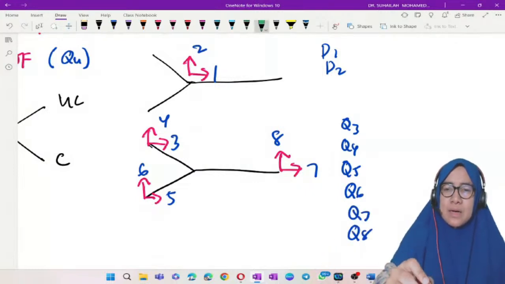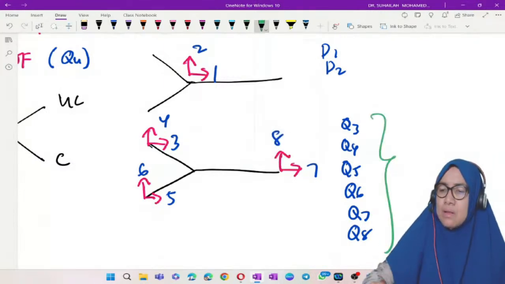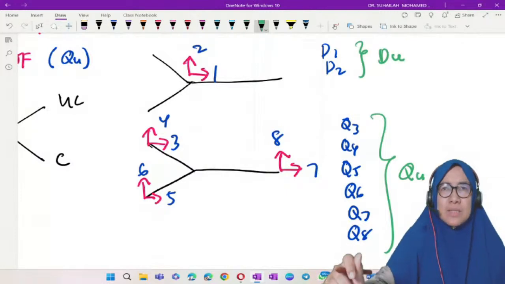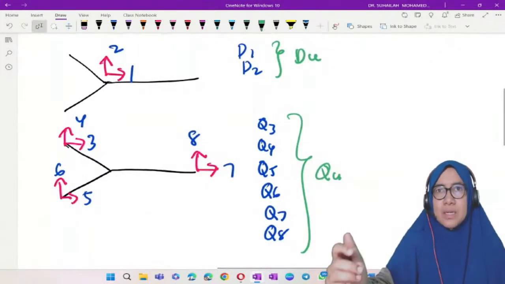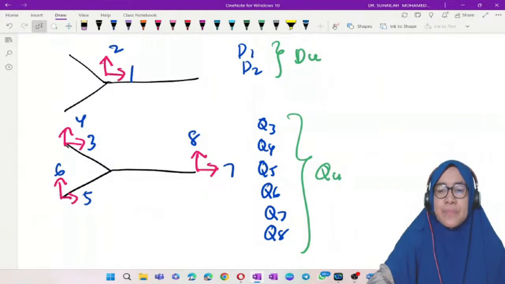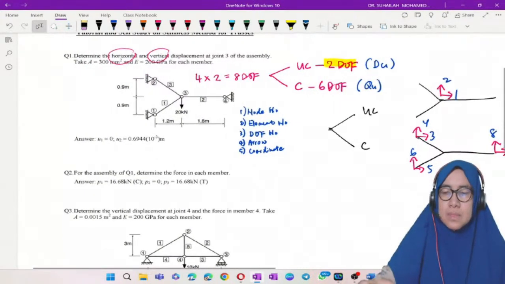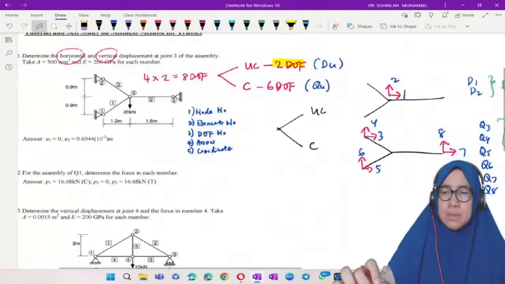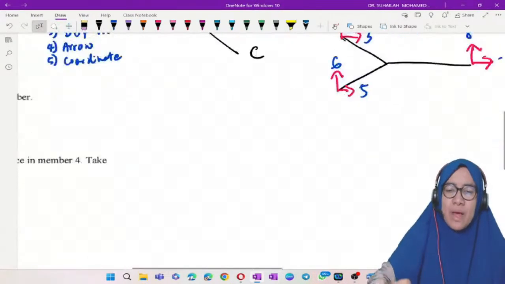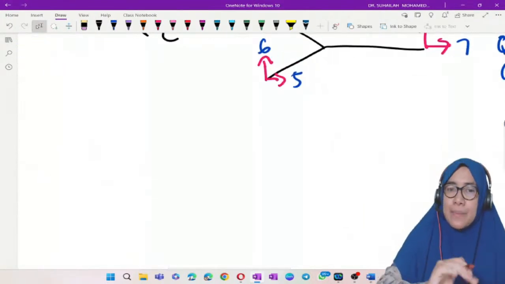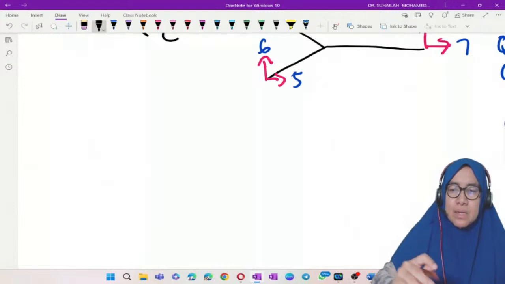So this is what we call unknown reaction and unknown displacement. Okay, so we have to have the full structure with all the labels inside.